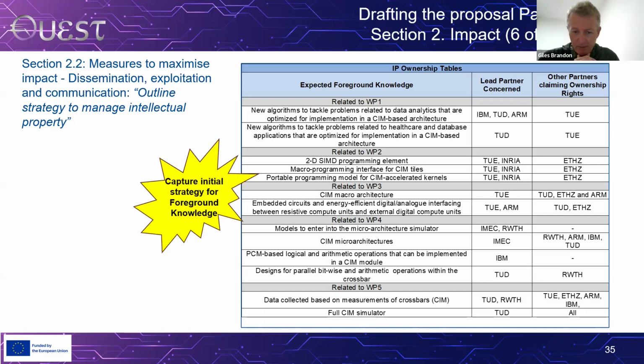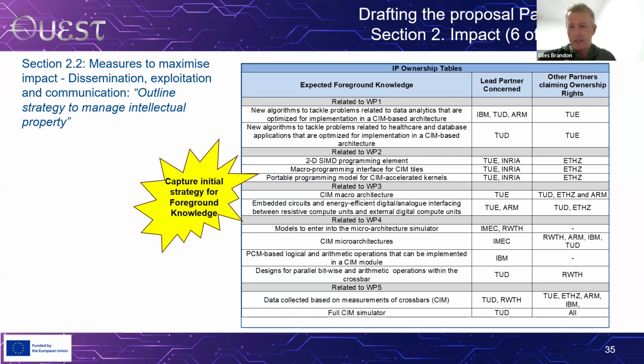And during the proposal preparation process, I tell the partners, okay, what innovations, what foreground knowledge, what new things are you anticipating, expecting to create during the course of this project? Please put it down in this table. Please identify yourself as being, say, the lead partner concerned.